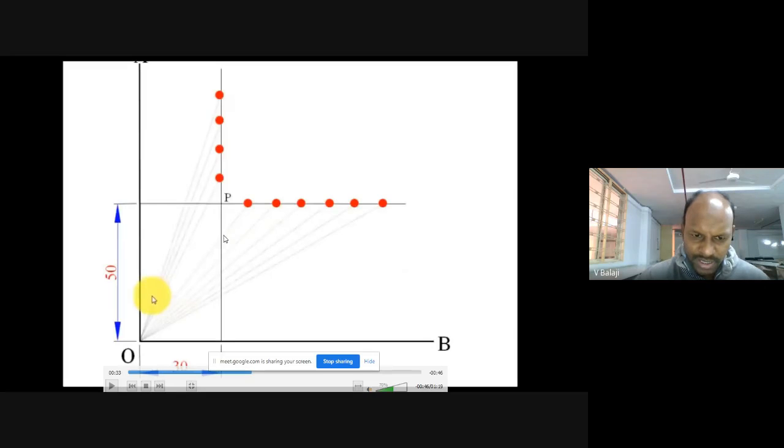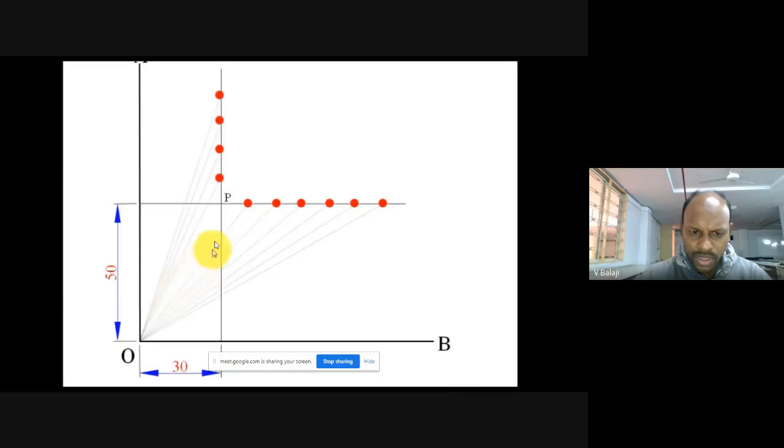That line is intersected by this inclined line we have drawn from O to the first point. Somewhere it is hitting the line passing through P. You need to identify that point. From that point you draw a horizontal line, and from the red dot you draw a vertical line. I will show you.